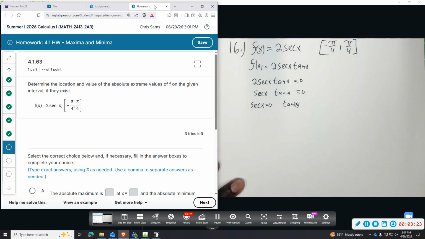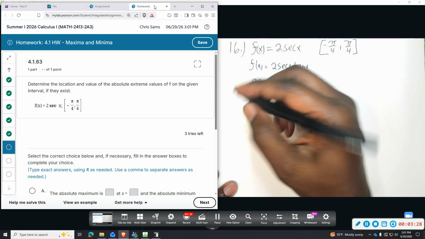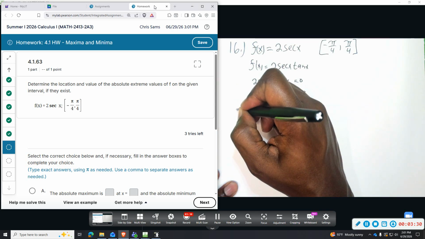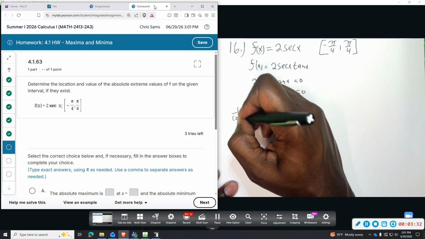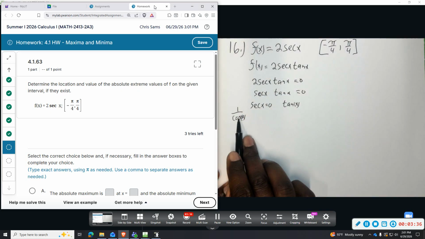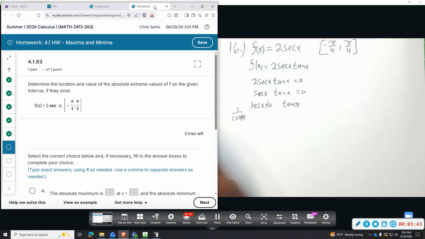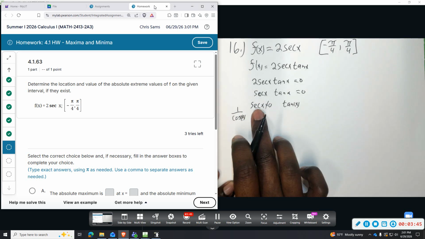Now, secant, it's not possible for that to be equal to 0 because that comes from 1 divided by cosine of x. And if cosine of x is 0, we will be dividing by 0, and we cannot divide by 0. So this one cannot be equal to 0. Not going to get any critical values from that.